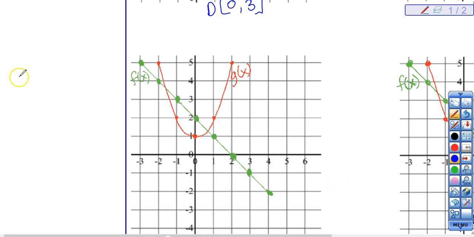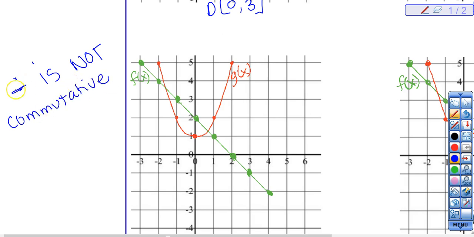So off to the left-hand side, I'm going to say this. These are going to be my subtraction examples, and just remember, subtraction is not commutative. F minus g of x does not equal g minus f of x, unless they're both 0.